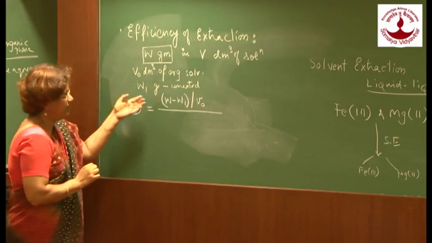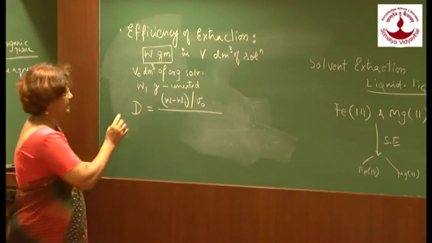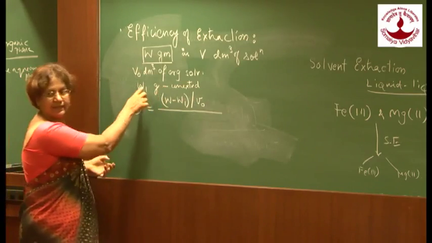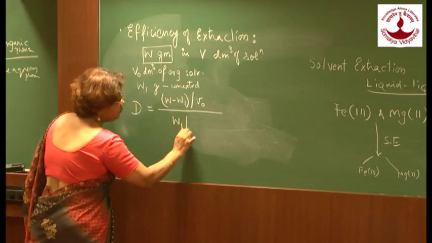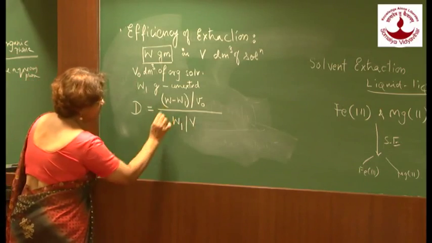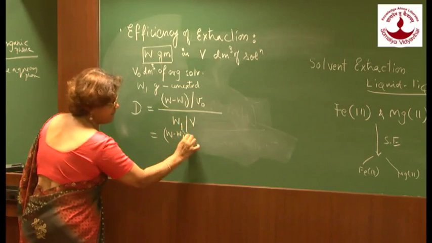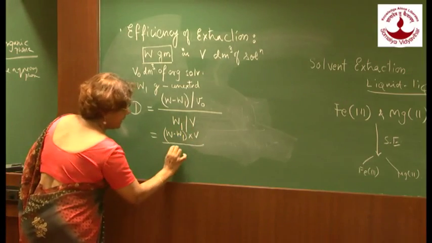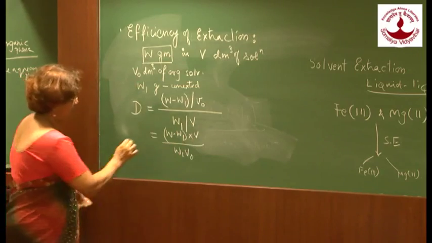Okay. Now divided by the total concentration of solute in the aqueous phase. In the aqueous phase, how much is remaining? W1 gram is remaining. So W1 gram in what volume? V. Okay. Now further, W minus W1 multiplied by V and W1 multiplied by VO.